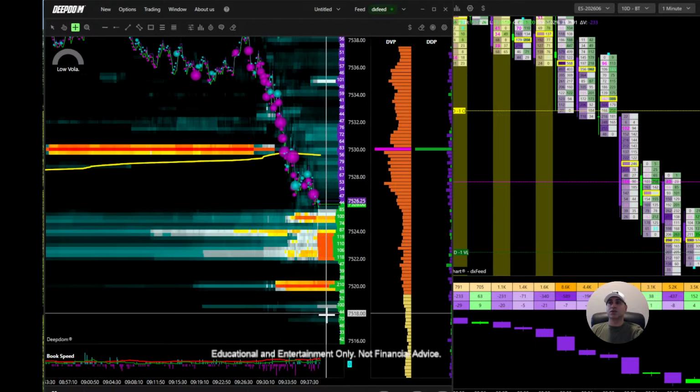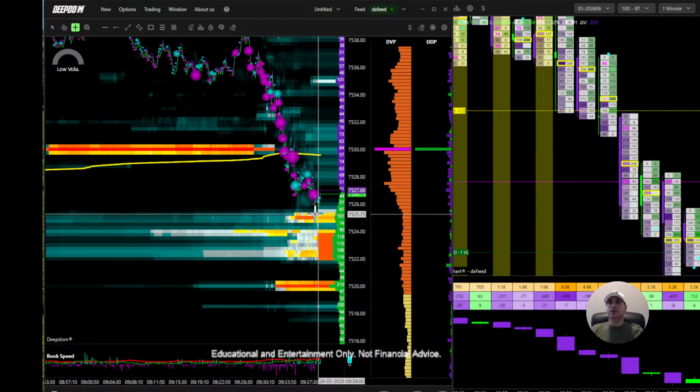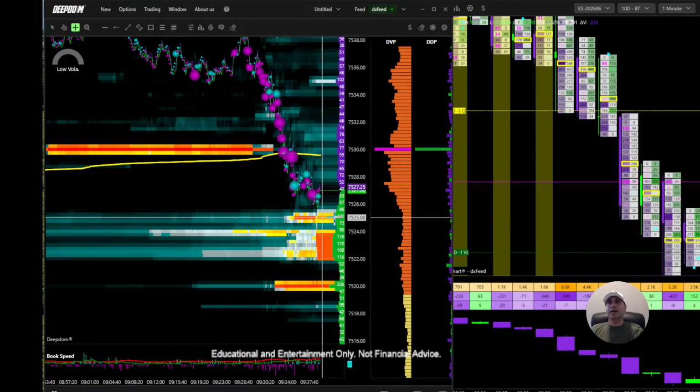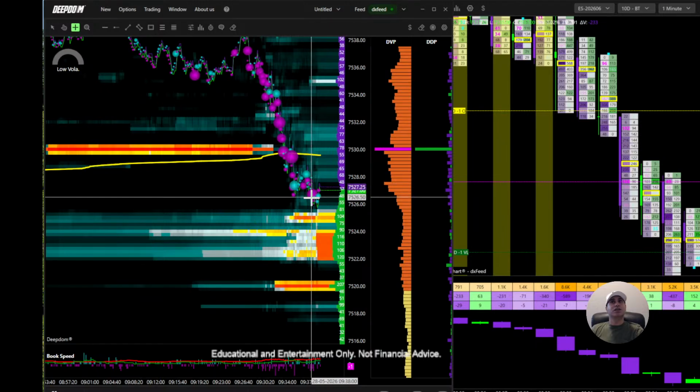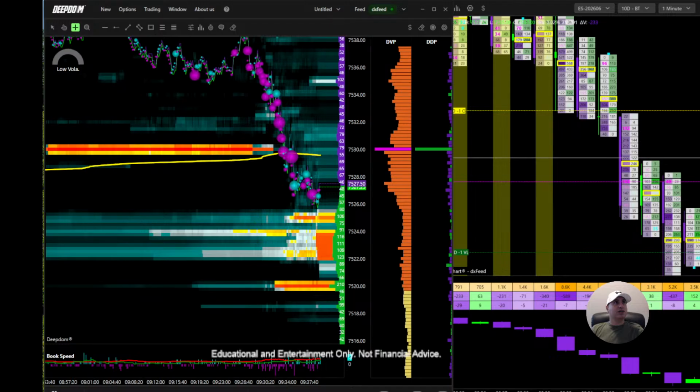So this is a 6 point move if they break this one. But if they break it, let's see if the buyers are going to, because I don't see any big trades at this point, so I'm not going to join this party. I'm waiting. Let's go back to my main chart, which is the main chart that I trade off of.